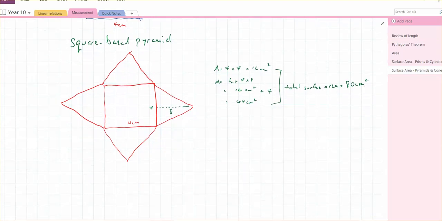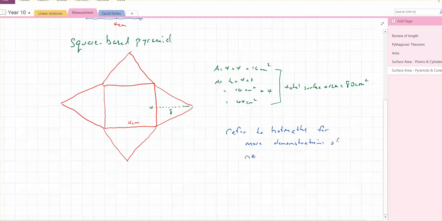So anyway, that's my attempt there. But refer to Hot Maths for some more visual help and instruction, for more demonstrations of nets from solids.